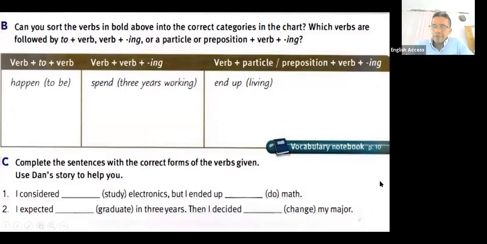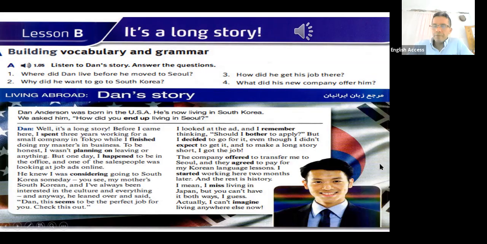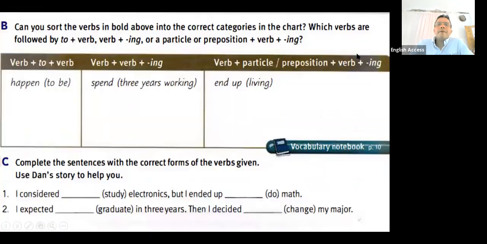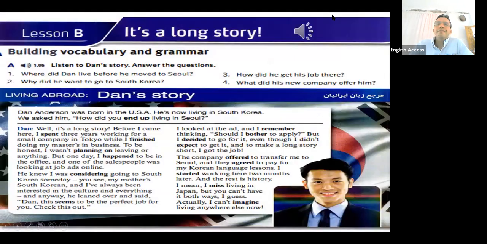All right. As you see in this lesson, you have some verbs like this with ing. For example, the first one: I spent 3 years working.